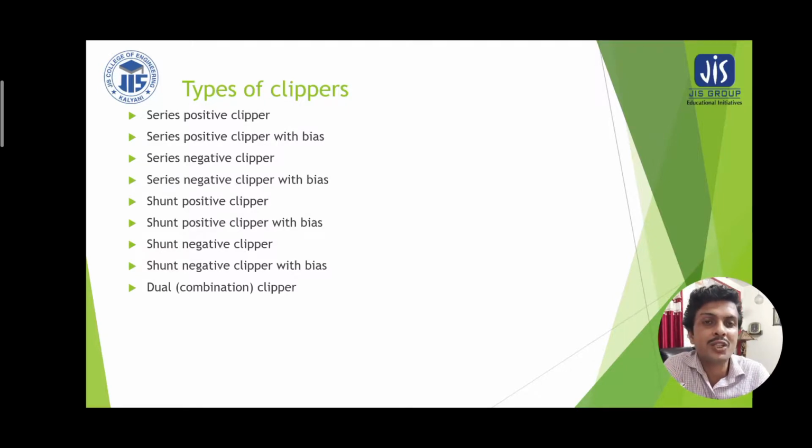The next is the shunt negative clipper. Here we remove the complete negative half cycle because it is a negative clipper and no bias is written, and it is shunt because the diode is connected in shunt. Similarly, the shunt negative clipper with bias means partial removal of the negative half cycle with the diode connected in the shunt branch.